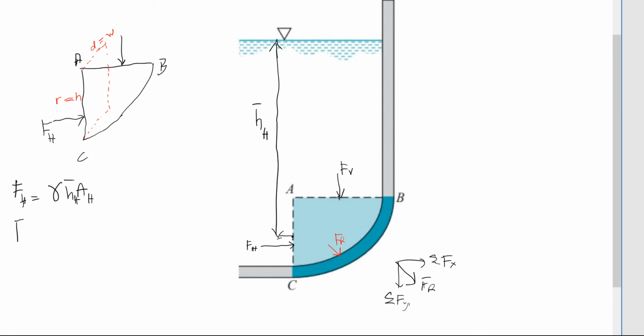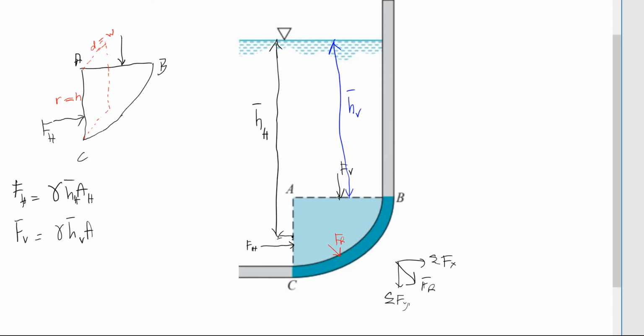And to find FV, similar, gamma H bar A, where H bar is the vertical distance taken from the water surface to the line of action of the force, a centroid here. In this case, I use a different color, blue. It's this distance, a straight line actually, H bar B. And area is the imaginary area at which the force acts.